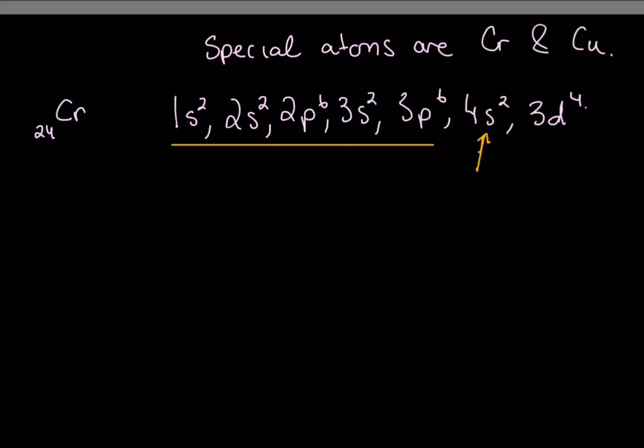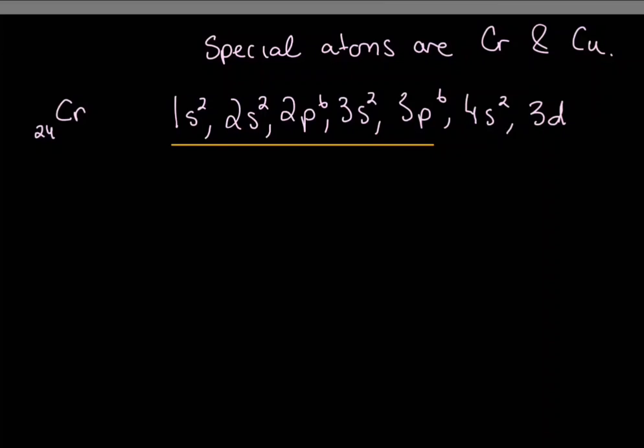Now 3D has 5 sublevels, okay? And at the moment, it's only got 4 electrons in it. So we've got electron here, here, here, and here. And it really wants to fill up that one. It's really unstable because it's not even half full.